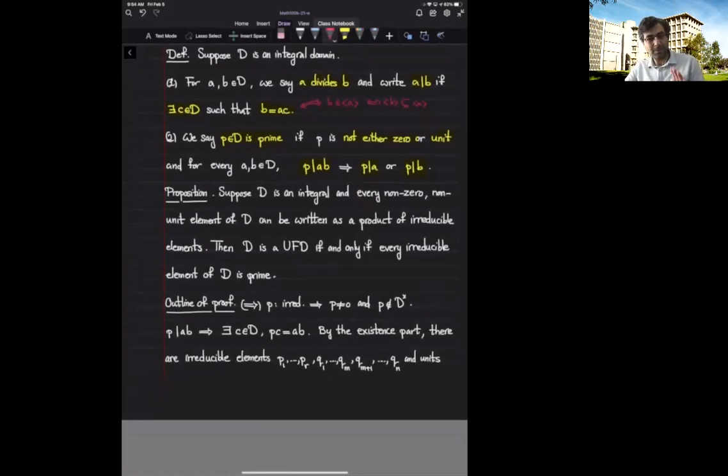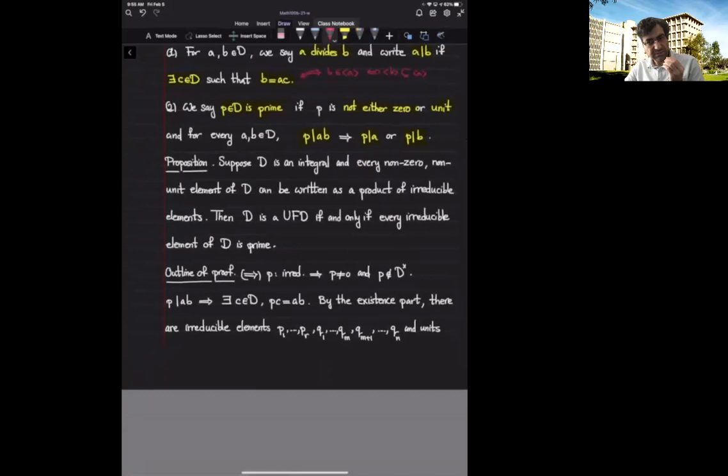Okay, so what is the main result that's going to help us understand the uniqueness part of a unique factorization domain? Suppose D is an integral domain, and suppose that I have already proved the existence part, meaning that every non-zero, non-unit element of D can be written as a product of irreducibles.